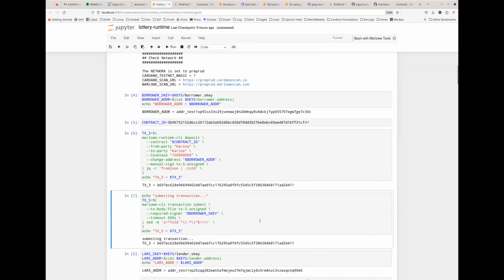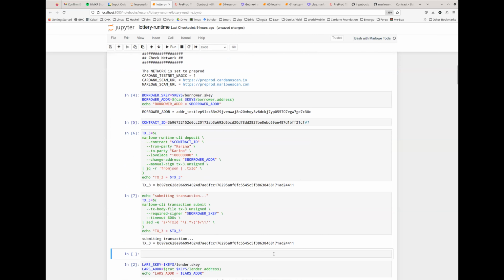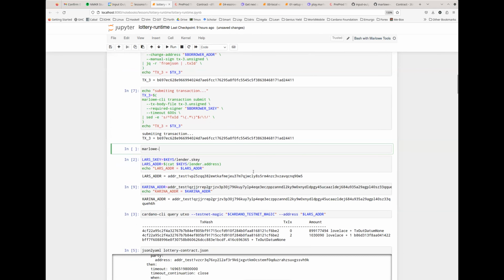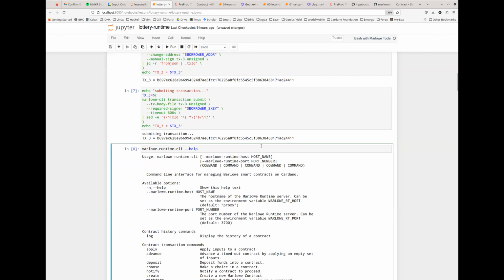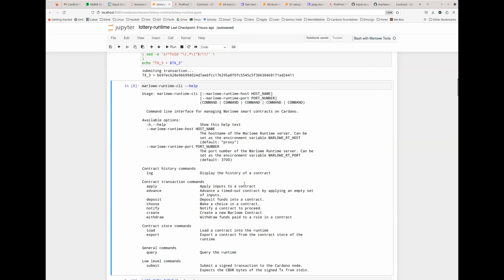TX3, okay, here. So now, and as I said, the help system is very nice. Okay, so we see what all we can do. I mean, we did the create to create the contract. We did a deposit to make the deposits.